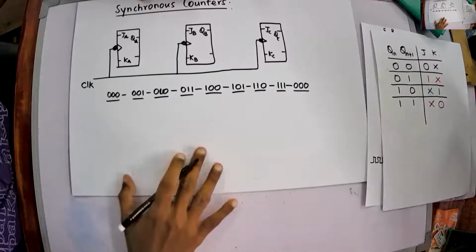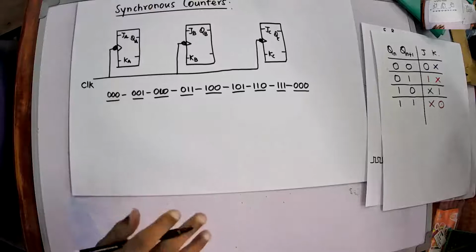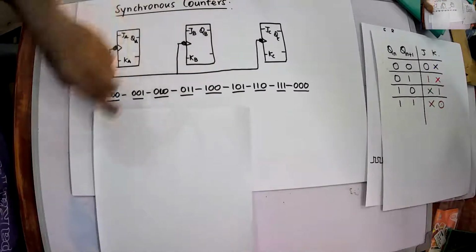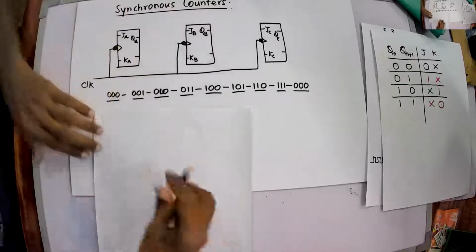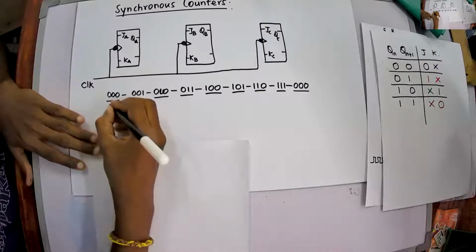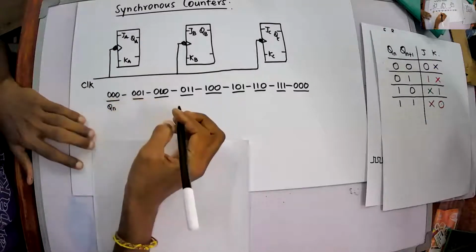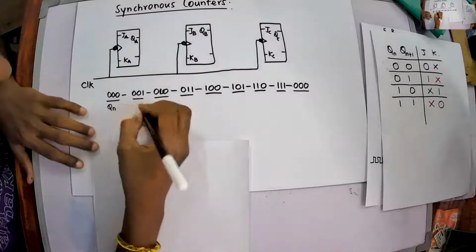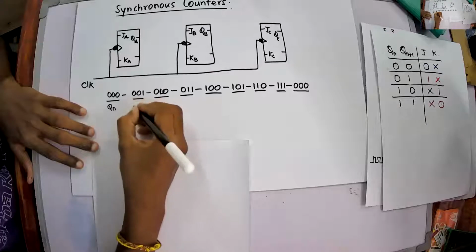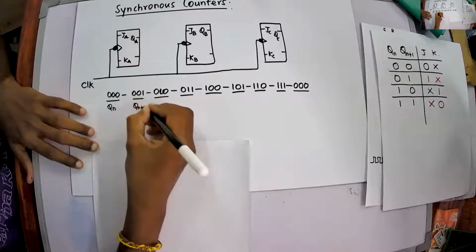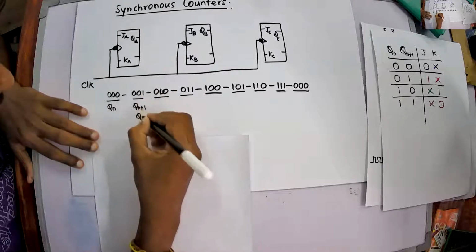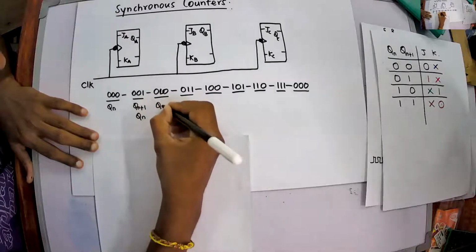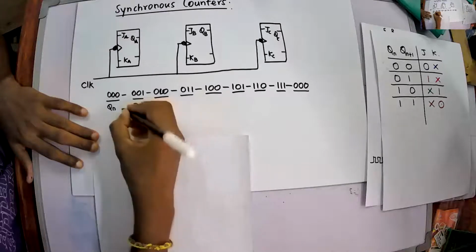To design a synchronous counter, we need to write down the state tables. We need to do the state table. For example, if this is Qn, your Qn+1 must be this one. If 0, 0, 1 is your Qn, this must be your Qn+1.